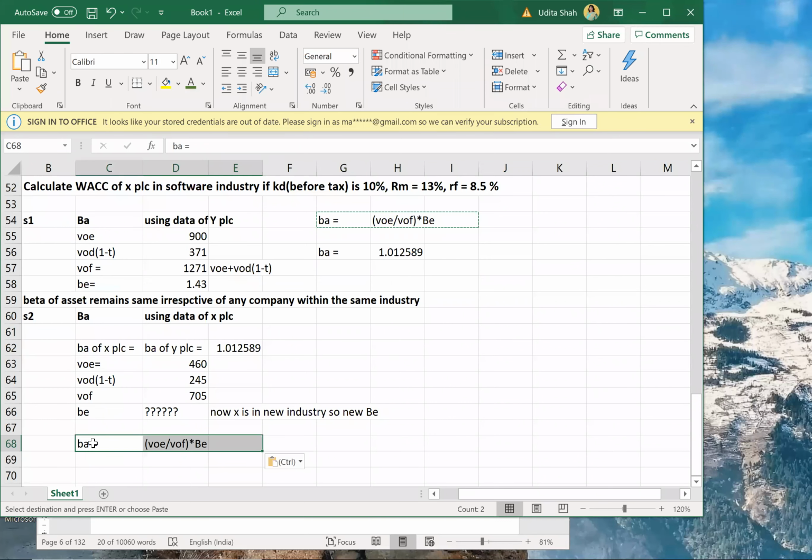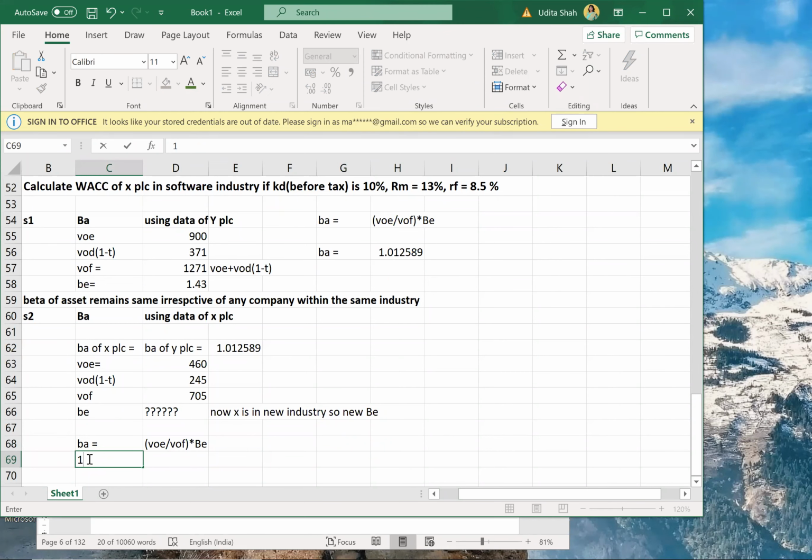Beta of asset equal to what? Value of equity divided by value of firm into beta of equity. So beta of asset. Now this side I know. So 1.012 should be equal to, what is the value of equity? 460, correct, divided by 705 and into beta of equity, I don't know, that will be missing figure.